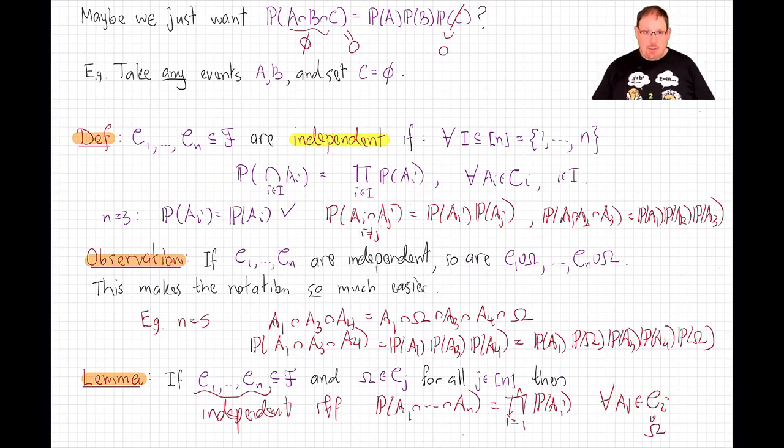That's a compelling reason to always, without loss of generality, assume that our classes include the whole sample space.